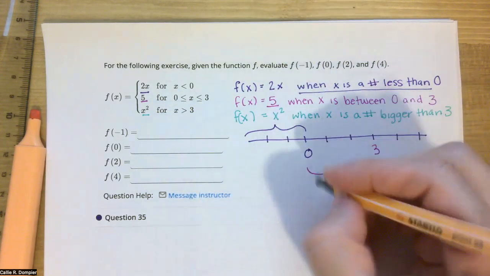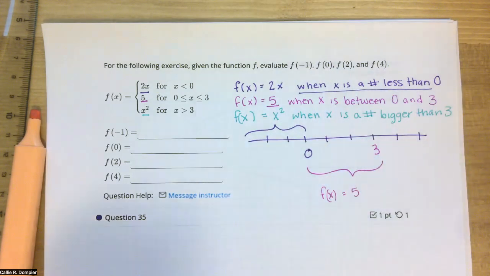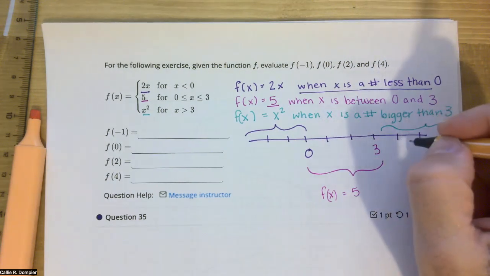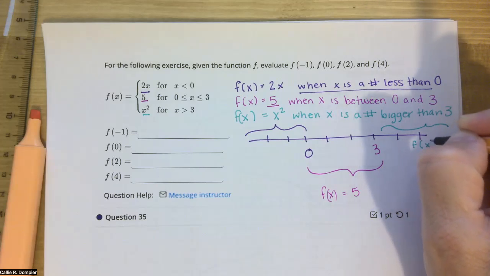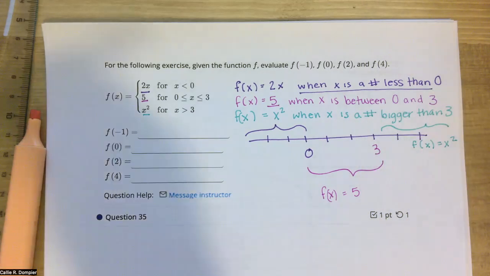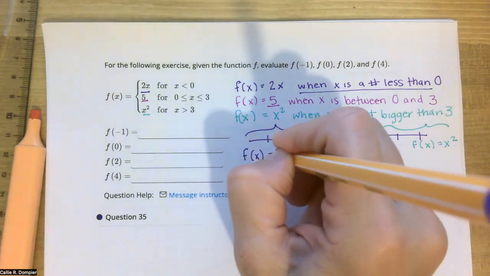Then we're talking about f of x is 5. And anything bigger than 3, we're talking about f of x is x squared, okay? Down here, we're talking about f of x is 2x.